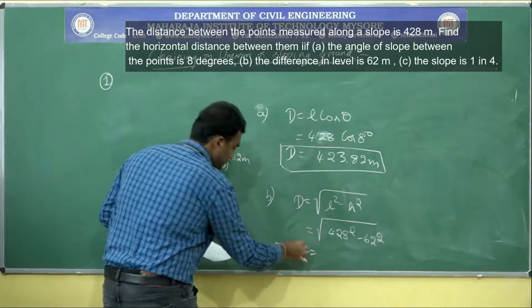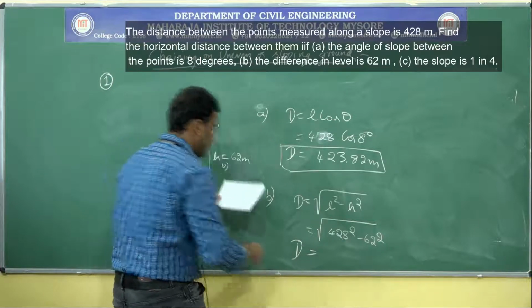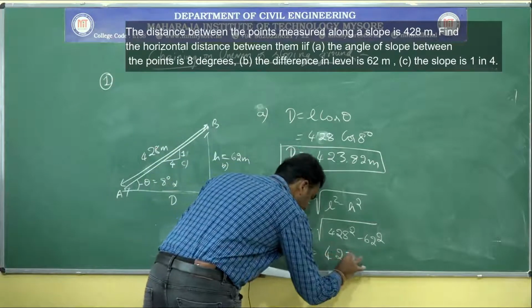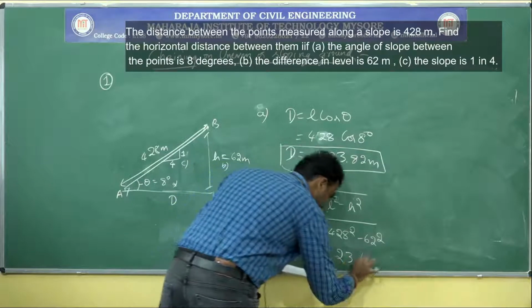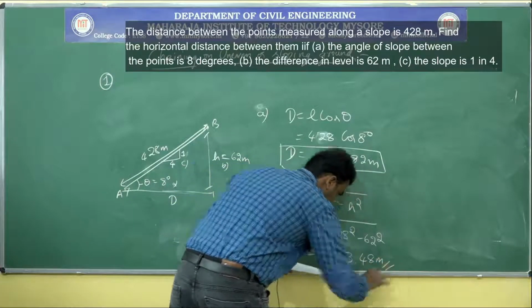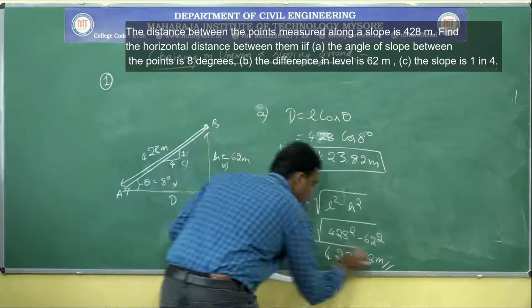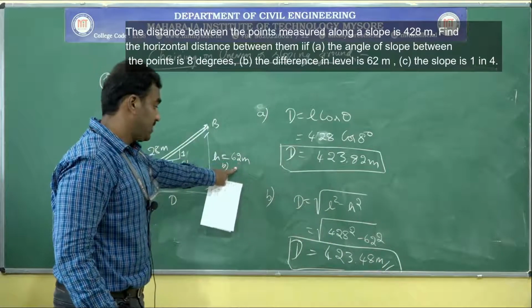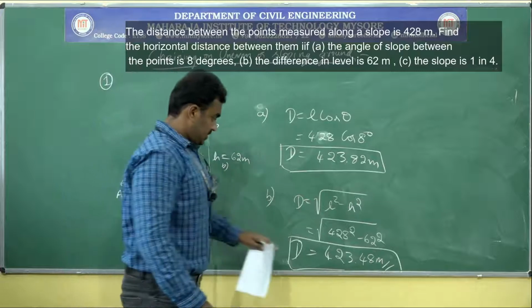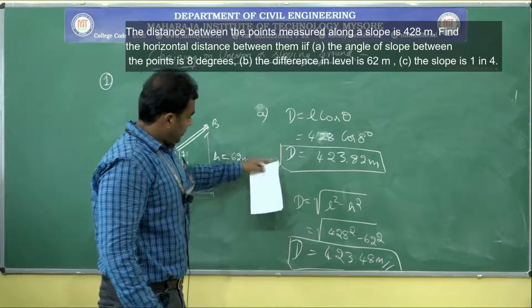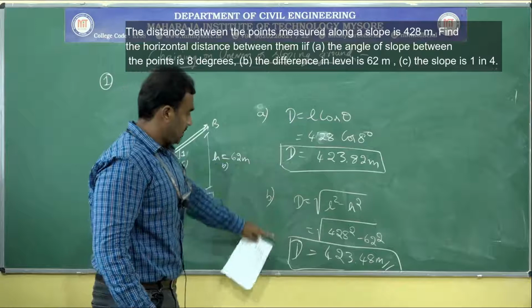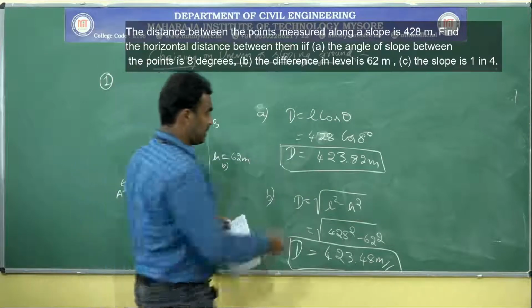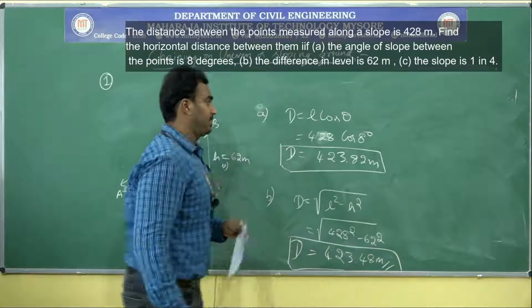On simplifying this, we get 423.48 meters. This is the horizontal distance when considering the difference in elevation case. In both cases the horizontal distance remains almost the same, but some variations are there.